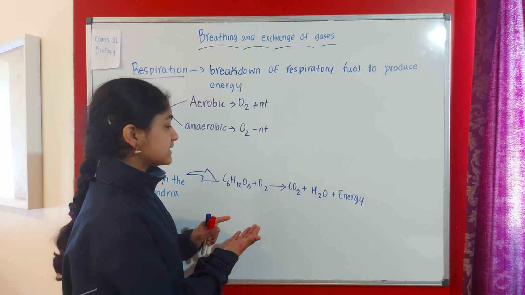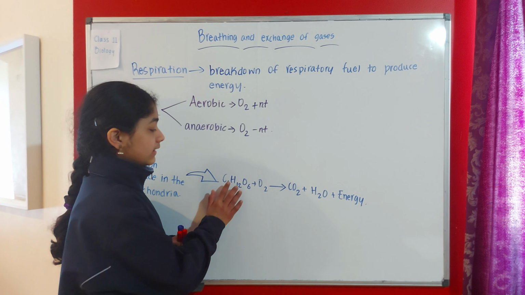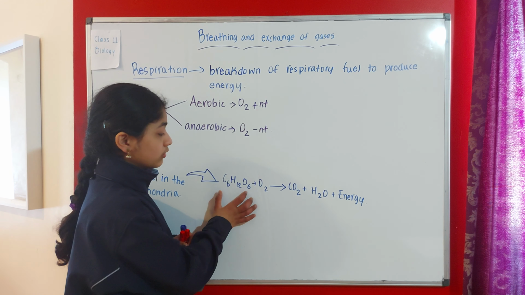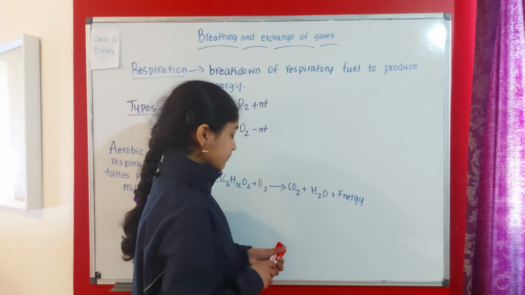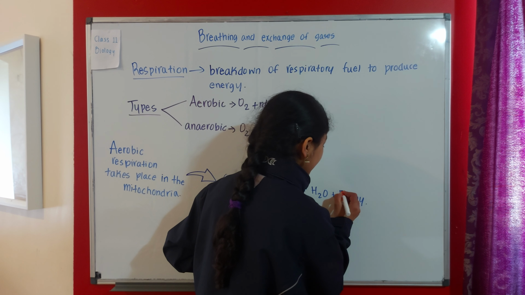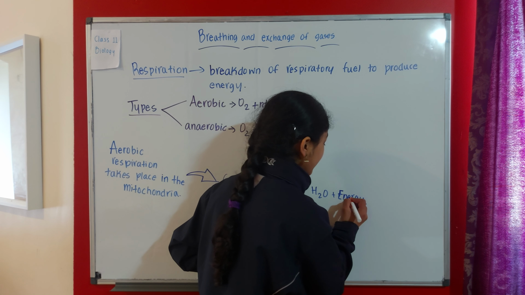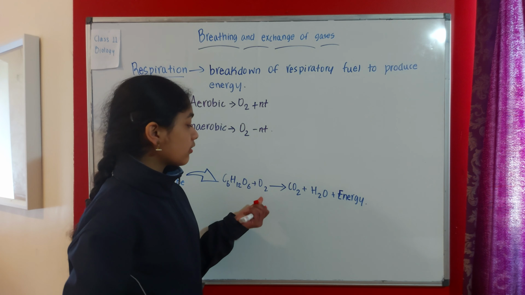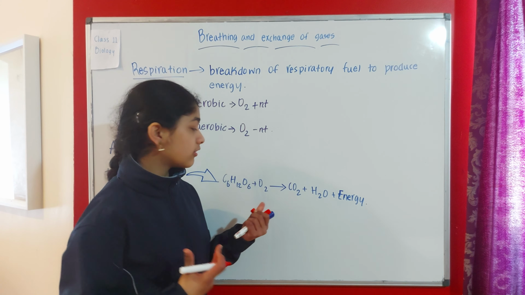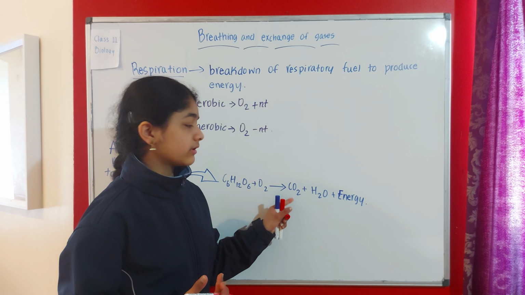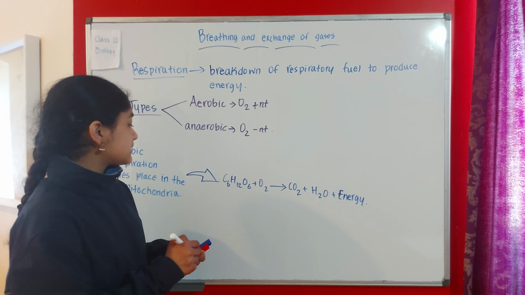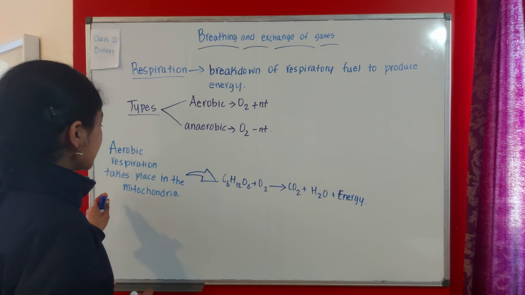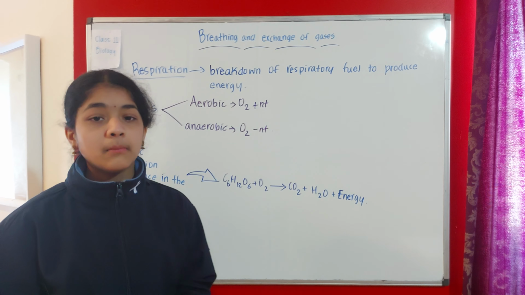We take in food in the form of glucose, and energy is given out, and we use this energy to do various activities. Oxygen is taken in, carbon dioxide is given out, and water is also given out. So this is the equation of the aerobic respiration which is taking place in the mitochondria of the cells.